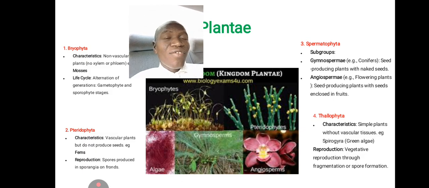So these are plant tissues. These Thallophytes don't have these vascular tissues. That's their characteristic. They are just simple plants that do not have vascular tissues.